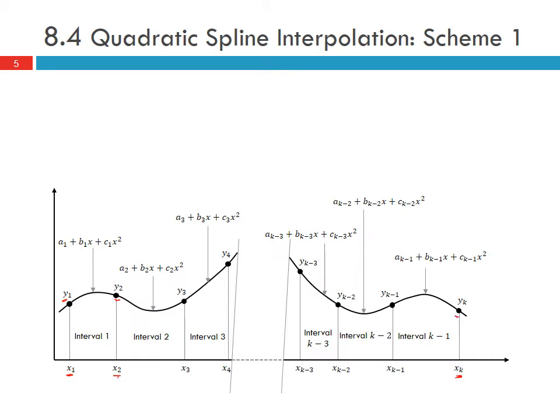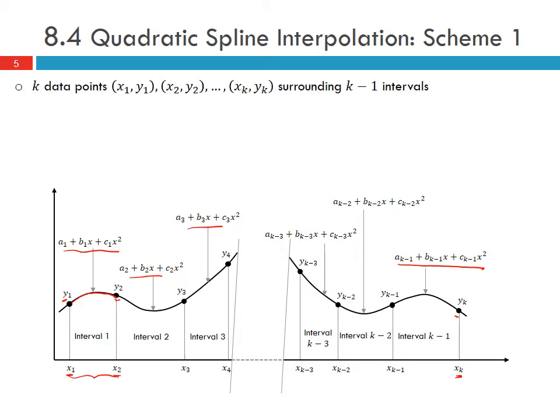The first interval goes from x1 to x2, and within that interval we have a quadratic function defined as a1 + b1x + c1x². Similarly, for interval 2 we have another quadratic function, interval 3 another, up to interval k-1, where again we have another quadratic function, a_{k-1} + b_{k-1}x + c_{k-1}x².